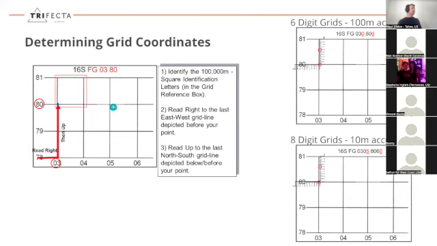So in the example shown on the screen, as we read from left to right, we come to the 0-3 line, and then we'll move up to the 8-0 line. This indicates the bottom left corner of this 1 kilometer grid square indicated. So a 4-digit grid is accurate to 1 kilometer.